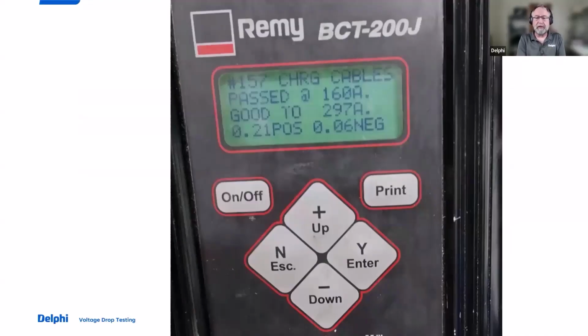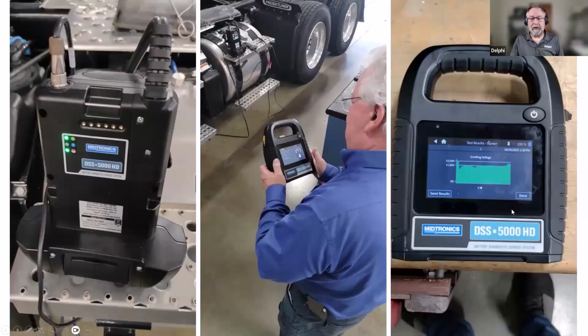We were testing the alternator cables, and we told it that the maximum output of that alternator was 160 amperes, so it tested it at 160. It's telling us that it's good up to close to 300 amperes, with a 0.21 volt positive voltage drop and a 0.06 negative voltage drop. Perfectly acceptable.